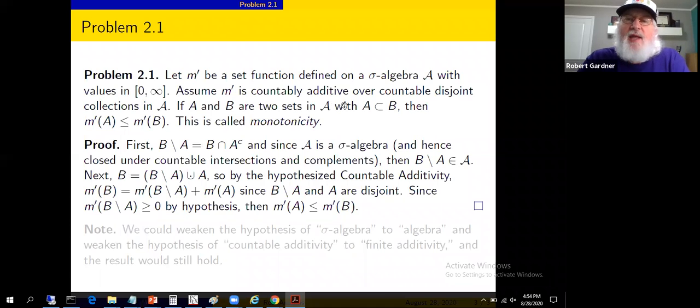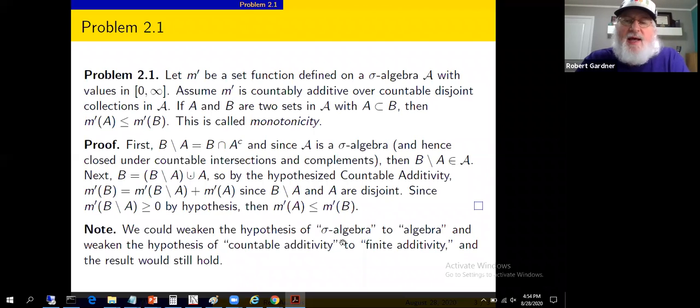It's countably additive and defined on a sigma algebra. Actually, we didn't use any of the countable stuff. We could have got away with saying algebra and finite additive. We didn't need the sigma stuff. The book gives you a handful of exercises in this section, and this is the setup for that collection of exercises. Let m prime be a set function defined on sigma algebra A with these output values.